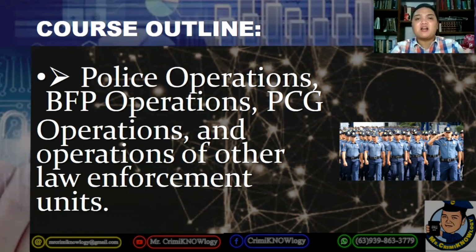We'll be exploring them, comparing them, and also looking into the collaborations. The BFP, or the Bureau of Fire Protection, their operations also, and the Philippine Coast Guard operations, and the operations of other law enforcement units in relation to security.